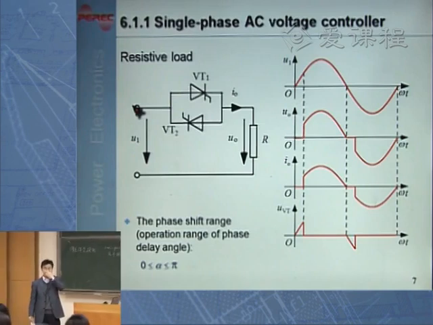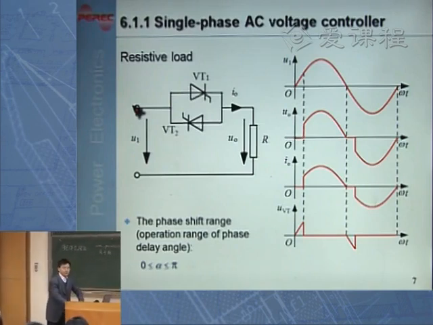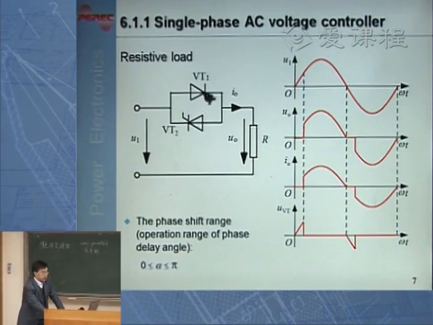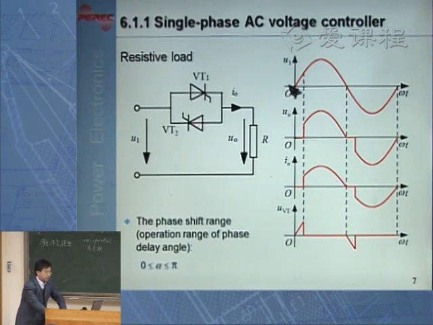So very simple. So that's exactly equivalent to the thyristor circuit when you trigger VT1, VT2 at triggering delay angle alpha equal to 0.